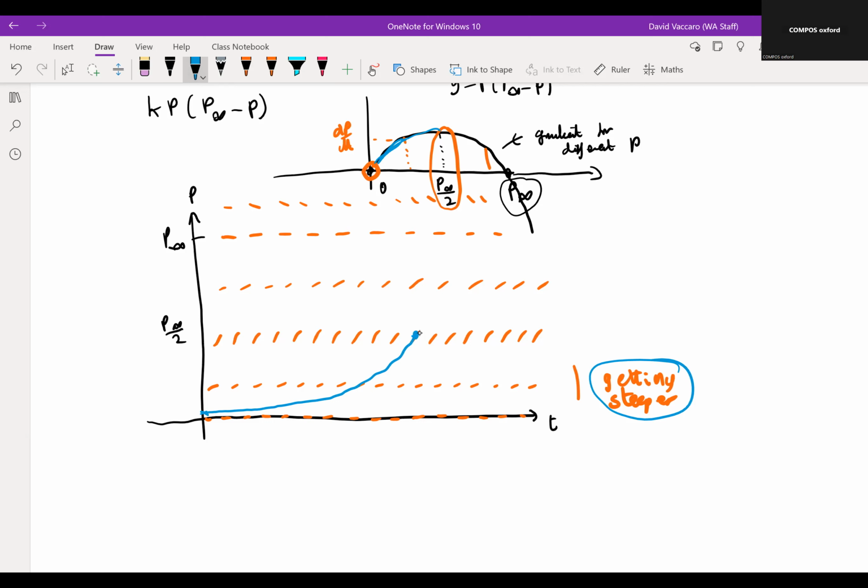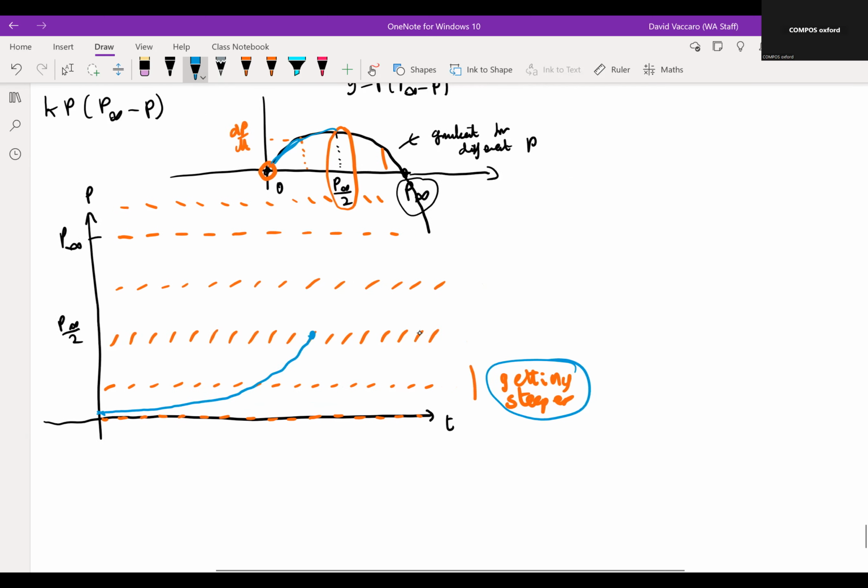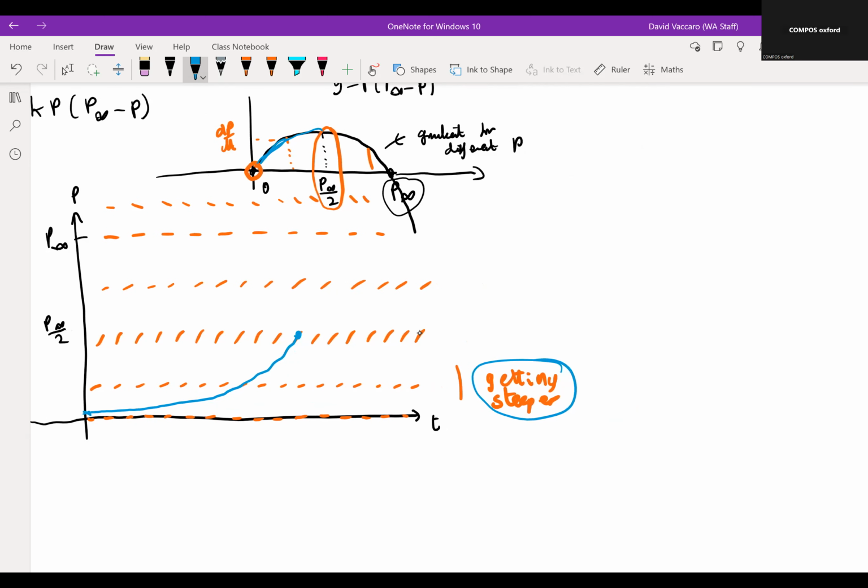It then has a positive gradient, so it increases past P infinity over 2. But as it increases past that, it starts to get less steep, and then less and less steep, until, if it were to reach P infinity, it would become completely flat. But what actually happens is it just becomes less and less steep, and it approaches an asymptote at P infinity.